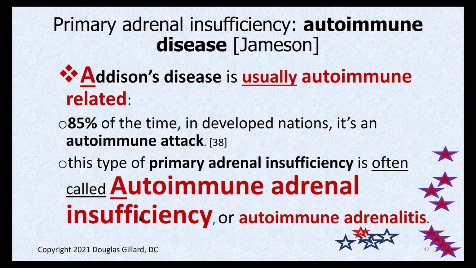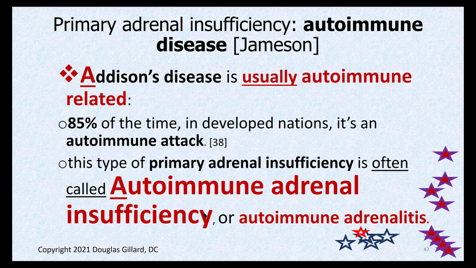The most common, 85% of the time in reasonably developed nations, is an autoimmune attack against 21-hydroxylase. A very specific attack. That causes inflammation and knocks out 21-hydroxylase, and therefore, very deadly, you can't make aldosterone and you can't make cortisol.